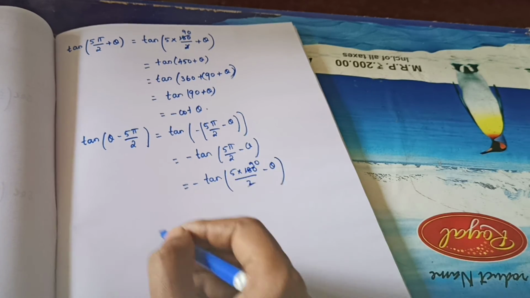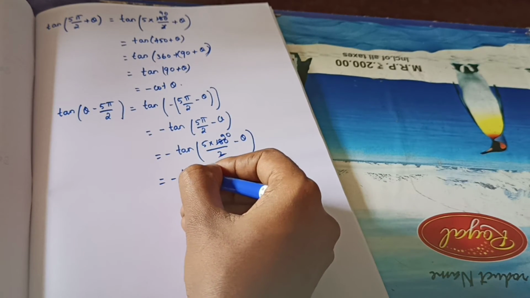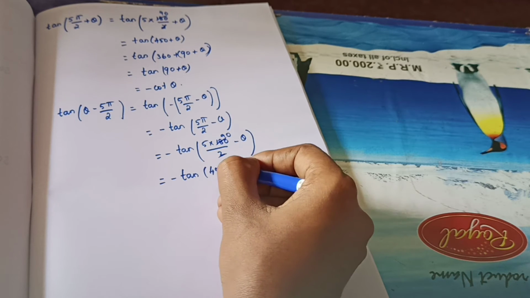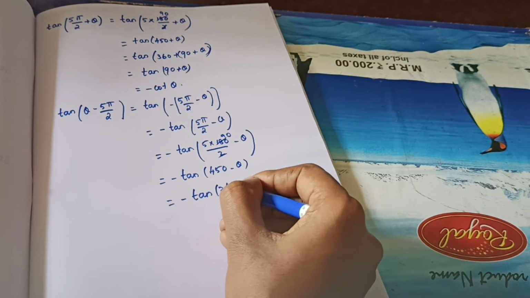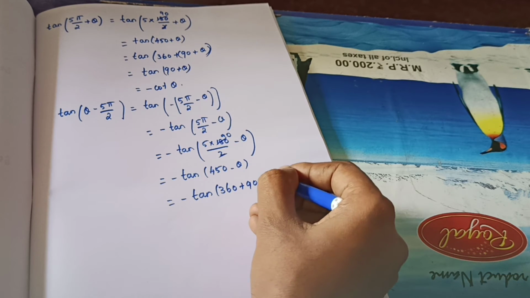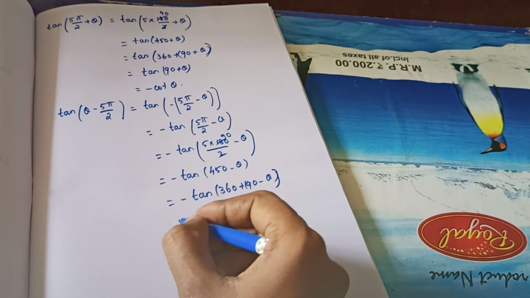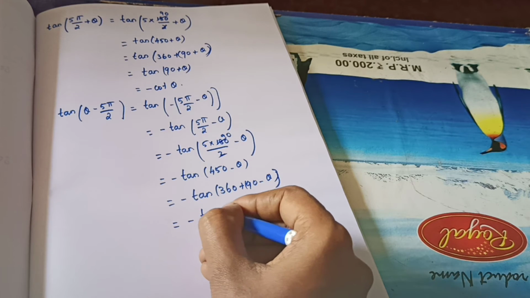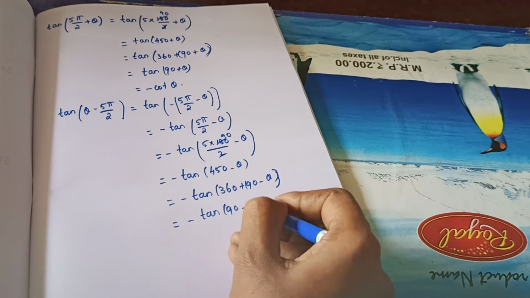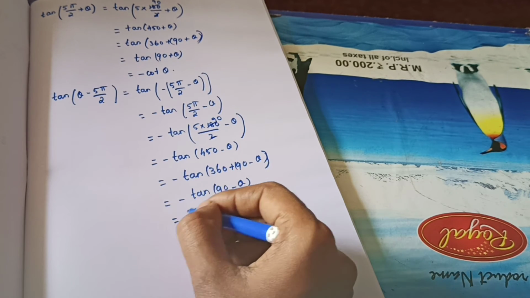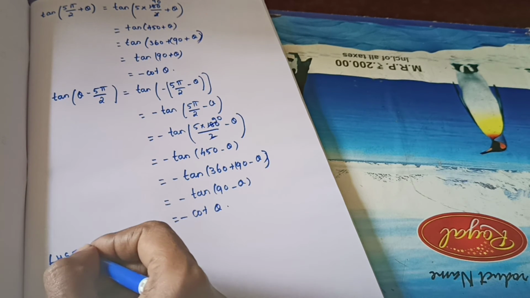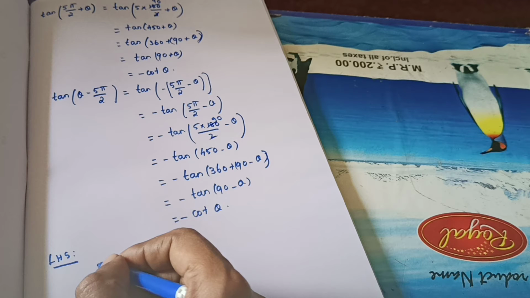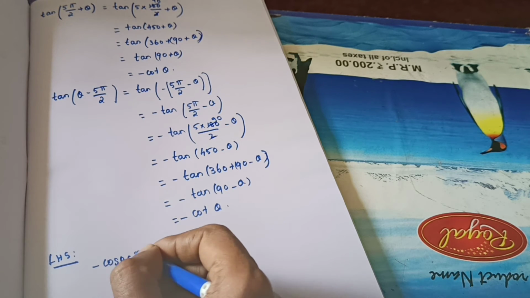Cancelling, tan 90. So how much you will get? Minus tan 450 minus theta equal to minus tan 360 plus 90 minus theta. You consider this as theta. That is minus tan of 90 minus theta. What's the value for tan of 90 minus theta? Cot theta. Here on minus is there, so minus cot theta. Now substitute all the values. Minus cosecant theta.